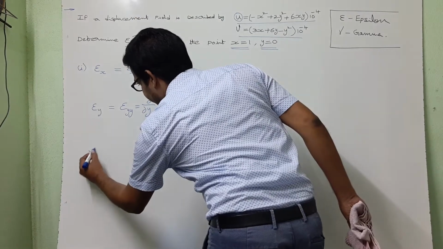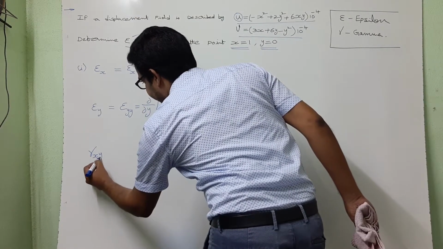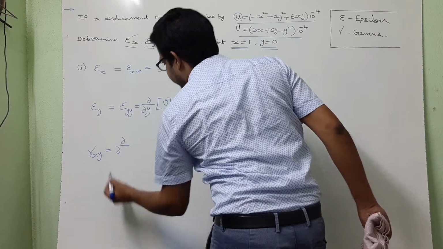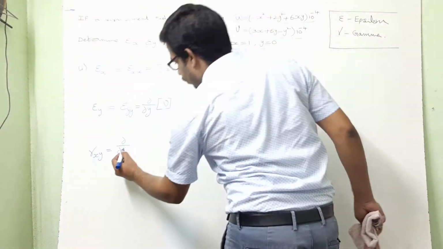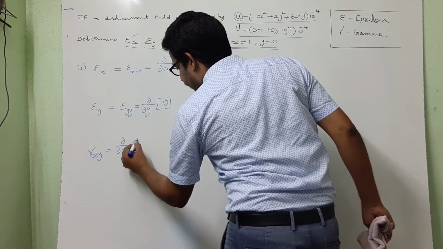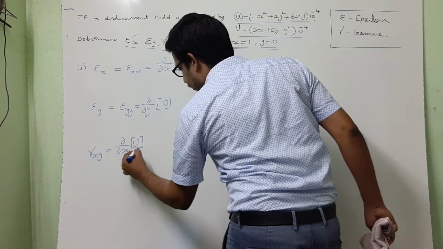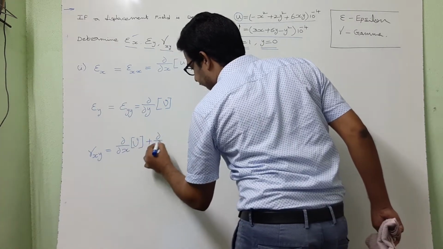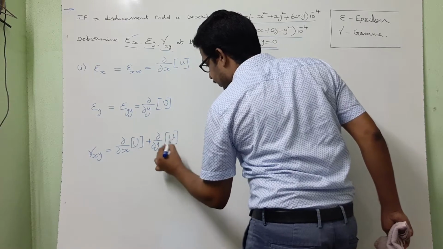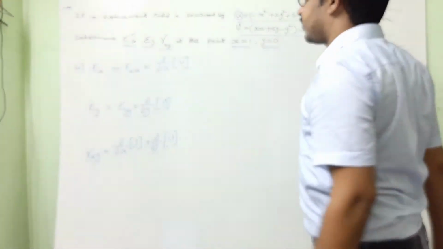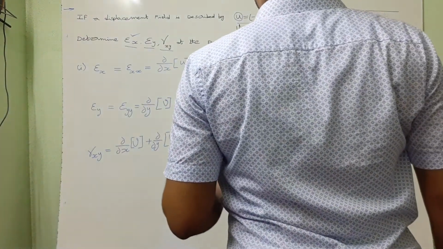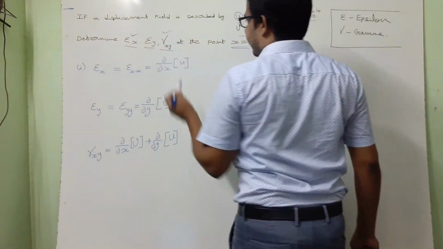Gamma xy is equal to dou by dou x of v plus dou by dou y of u. These are the formulas we need to calculate epsilon x, epsilon y and gamma xy.